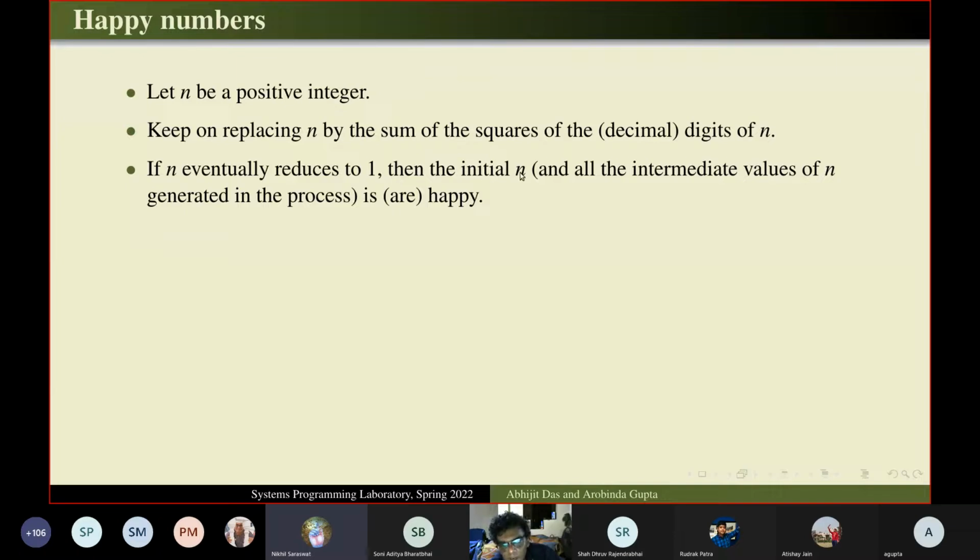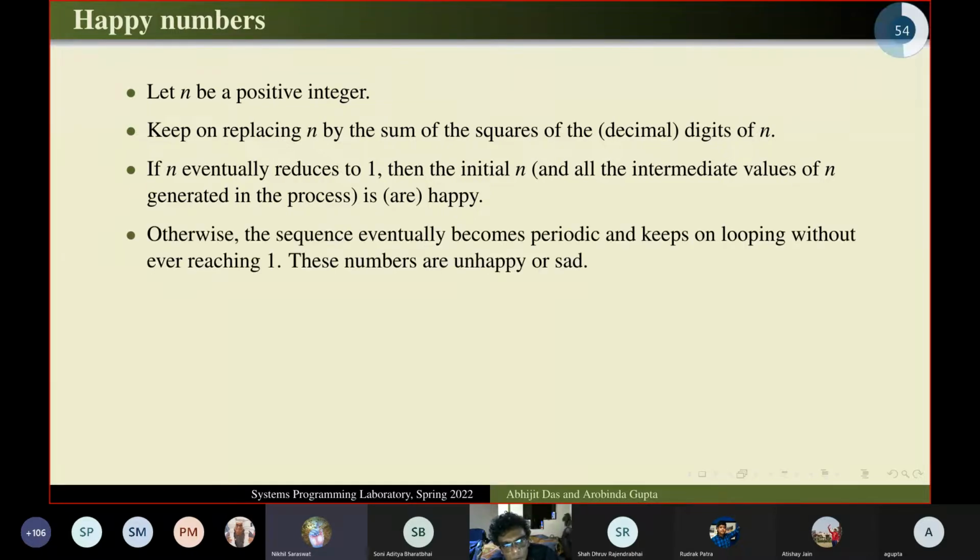Then this initial n, and in fact all the intermediate values of n generated in the process, are called happy. And if it does not reduce to 1, this sequence will eventually become periodic and keep on looping without ever reaching 1. So all the numbers generated in such a sequence are called unhappy or sad.